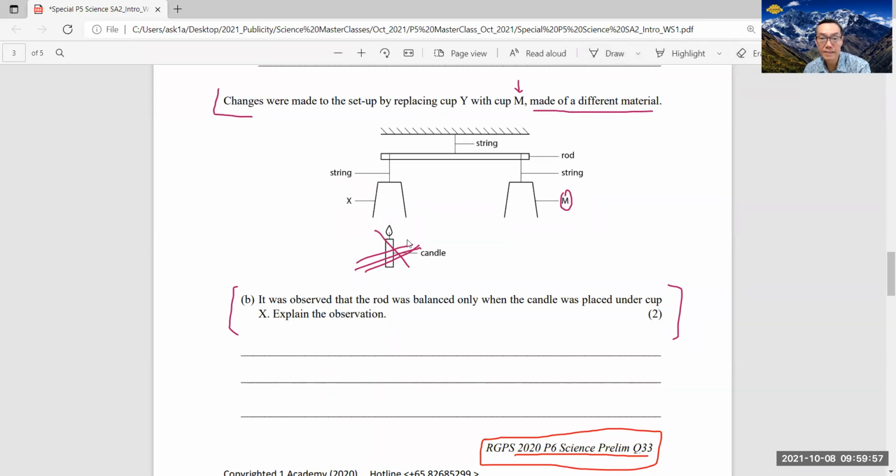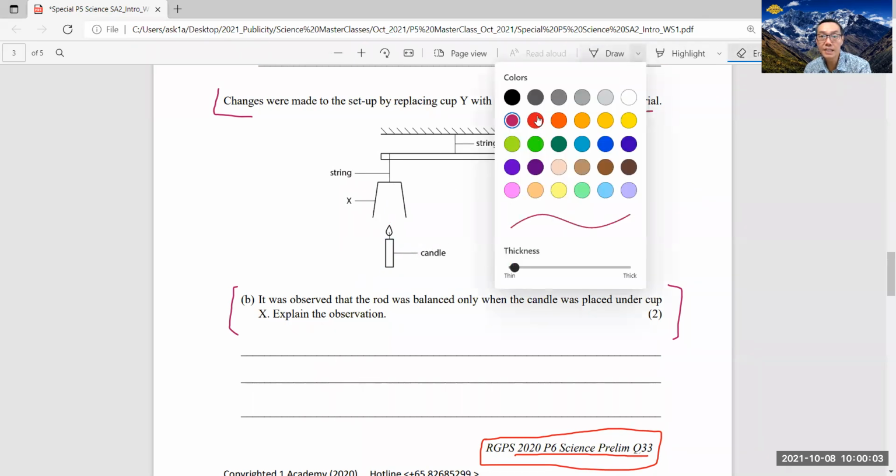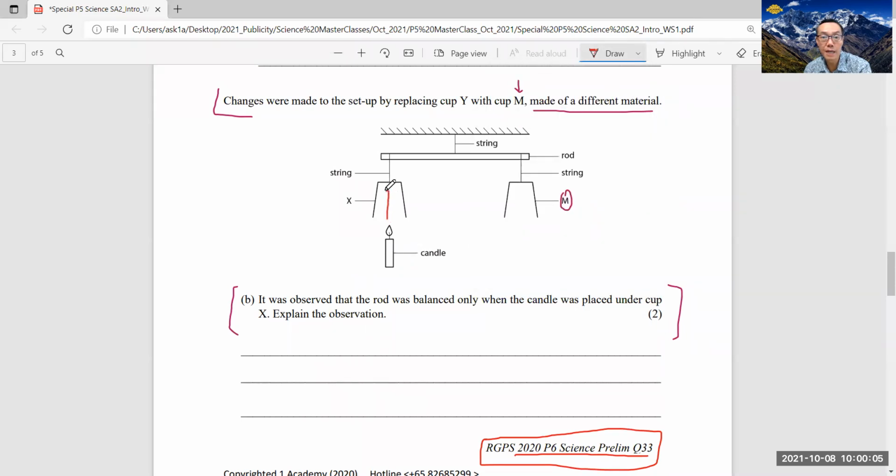Now with the flame, this thing needs to have a force that pushes it up in order to stay balanced. So this will tell you that the material that makes cup X is greater than M. So actually M this side is lighter, right? Because you see, you need to be balanced by this force pushing upwards. So in other words, cup X has a greater mass than cup M.